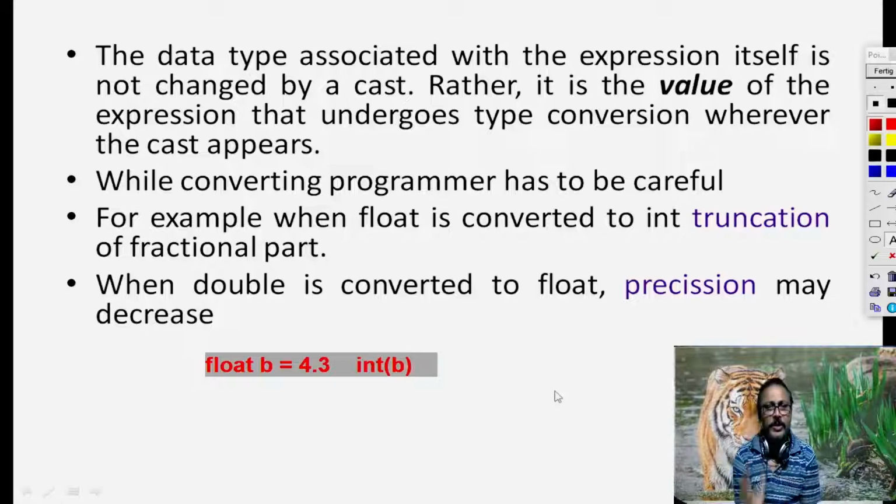You are converting b's value to integer, but b's type is not changed. b will still be a float, but its value will be 4 instead of 4.3. The data type will not be converted.